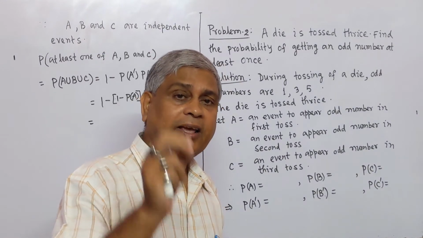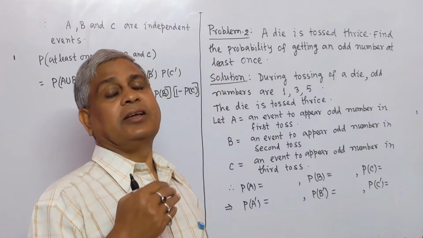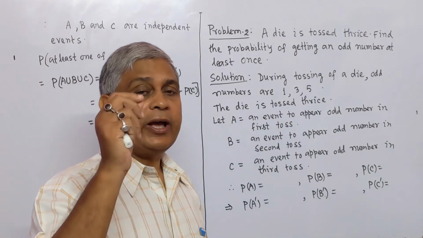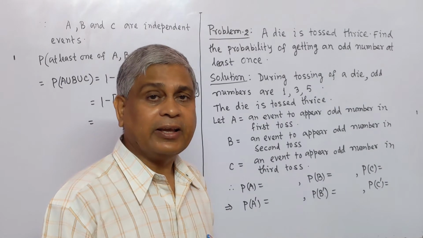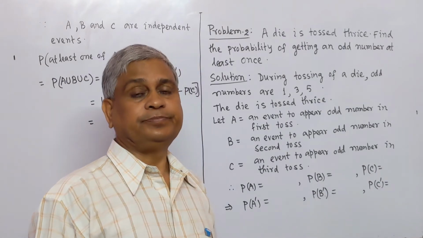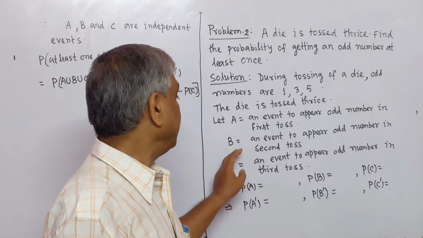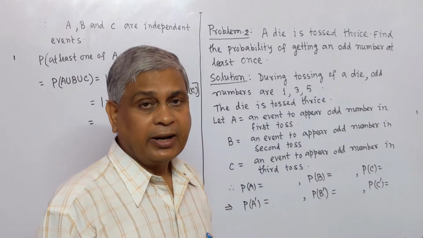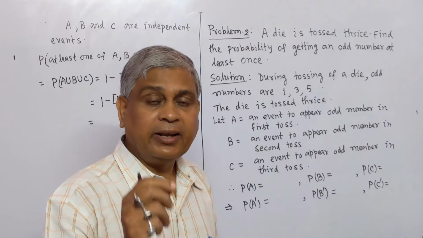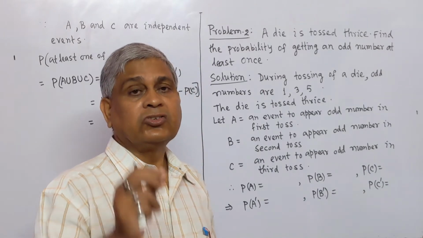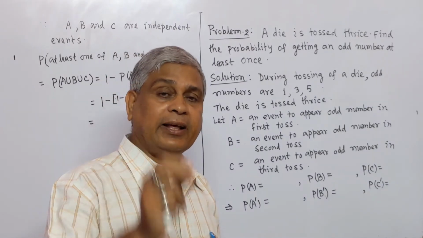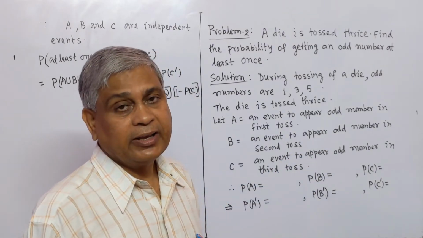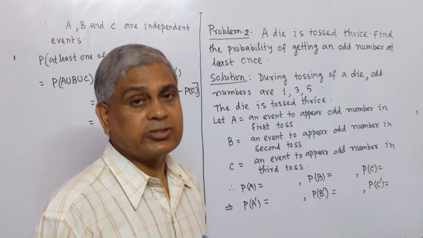Since the die is tossed thrice, let A be the event that an odd number appears in the first toss, B be another event that an odd number appears in the second toss, C be another event that an odd number appears in the third toss.